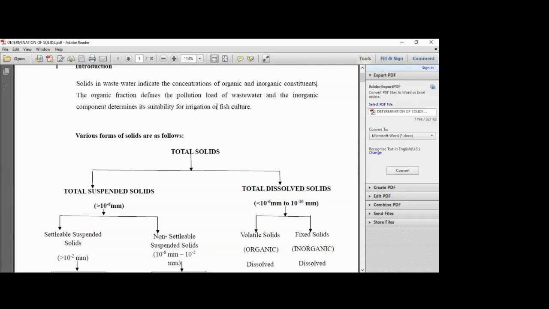As well as in fish culture, what will happen if the inorganic solids are not removed? Fish culture, that is nothing but the nurturing of fish for the commercial activity that we do, will get affected. So you won't be getting good results, right?